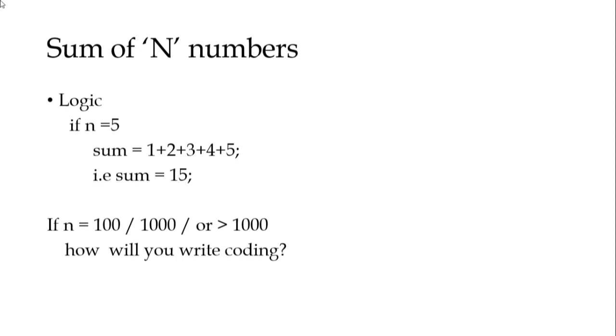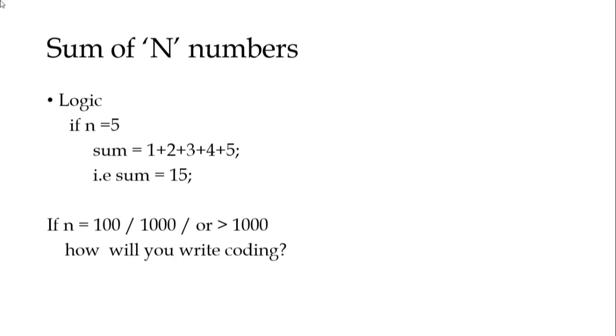Now my question is, if the user wants to find the sum of the first 100 numbers, how will you type the code? Will you type sum is equal to 1 plus 2 plus 3 plus 4 plus 5 etc. up to 100? No. So in this situation, we take the help of looping.